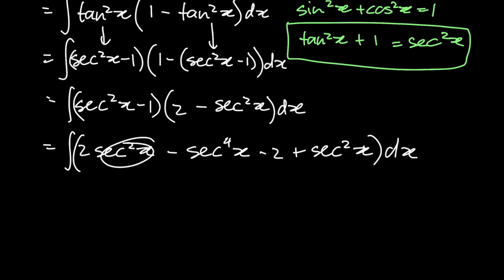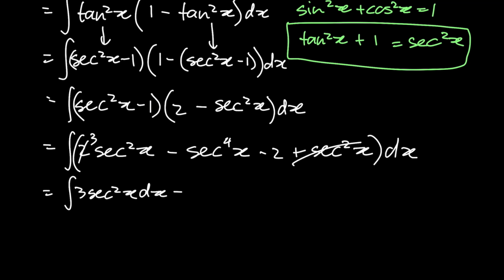But now we have a secant squared of x here and a secant squared of x here, so I can get rid of this one, and I can make this coefficient a 3, and now I can split this integral up. So I have the integral of 3 secant squared of x minus the integral of secant to the 4th power of x minus the integral of 2.